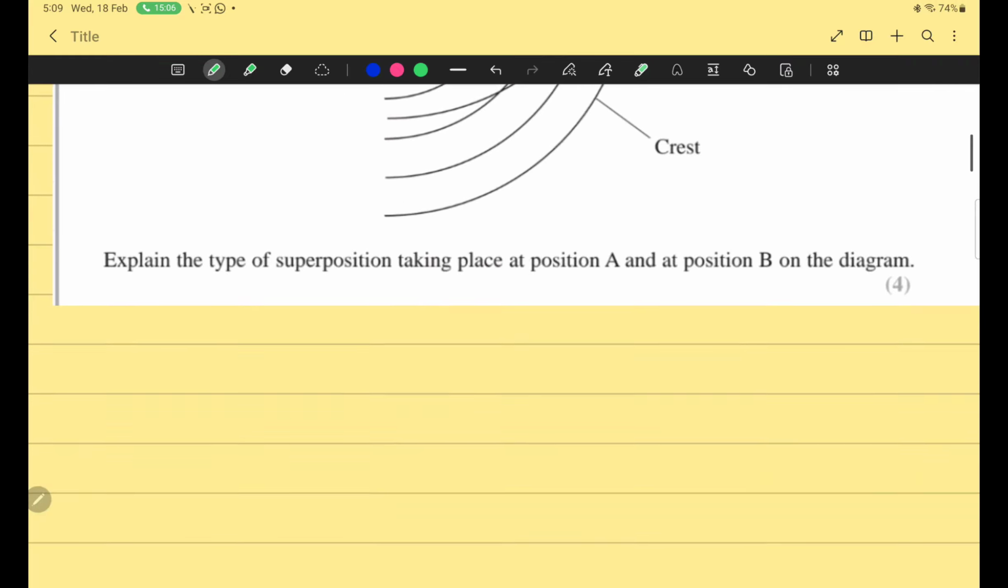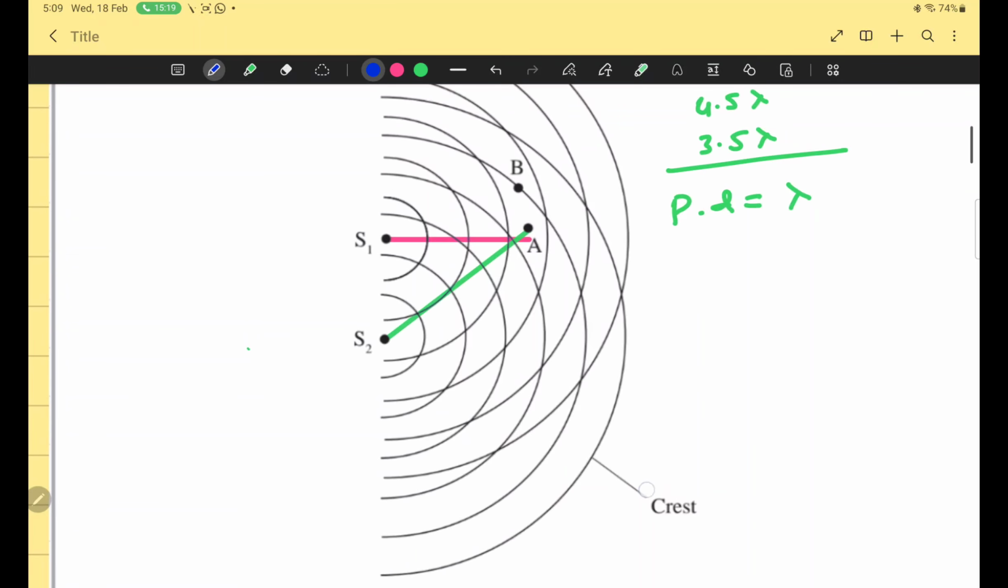So I am writing the answer. The question is: explain the type of superposition taking place at position A. But I am writing not only the answer, but actually I am trying to explain what is happening at point A. Okay.